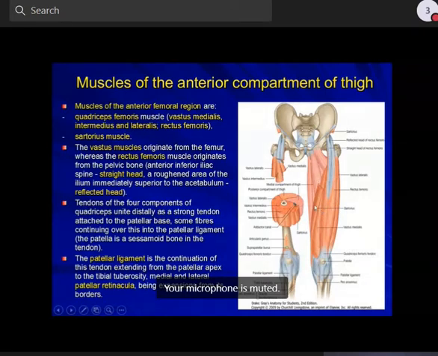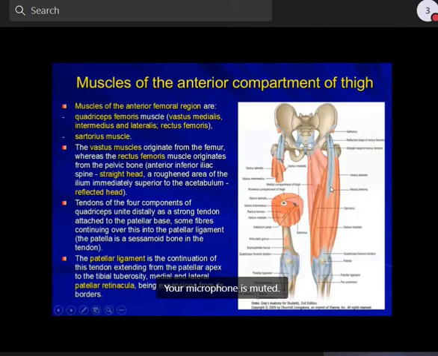Apart from this, the quadriceps femoris has three vasti muscles: vastus medialis, vastus lateralis, the strongest one, and the vastus intermedius, positioned deep to the rectus femoris.